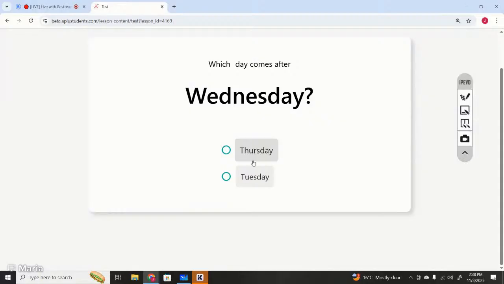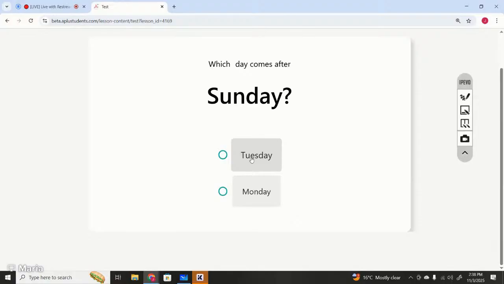Which day comes after Wednesday? After Wednesday, it is Thursday. Option number one is the correct option.